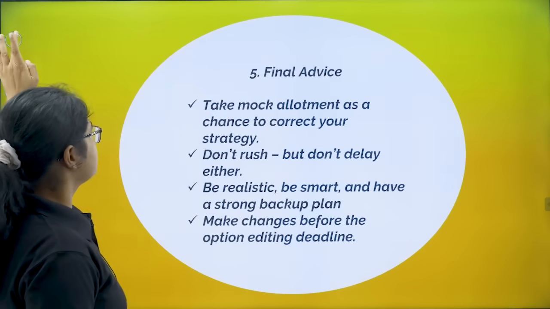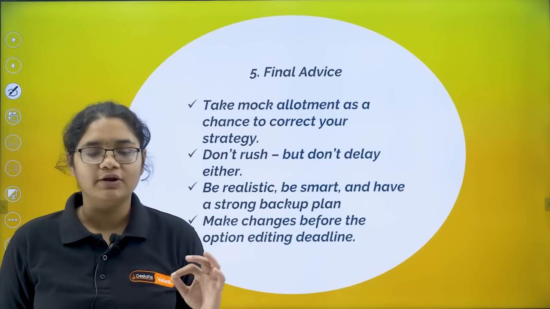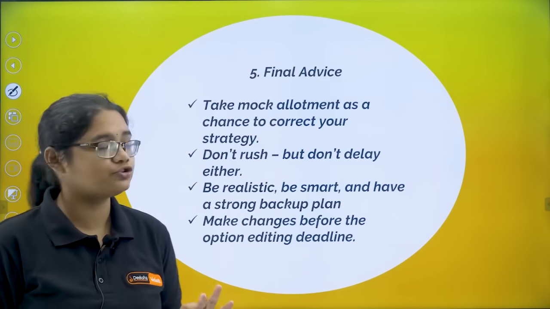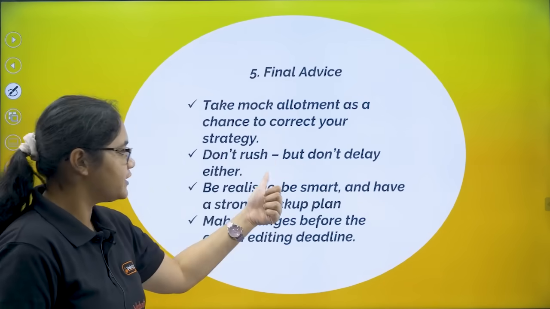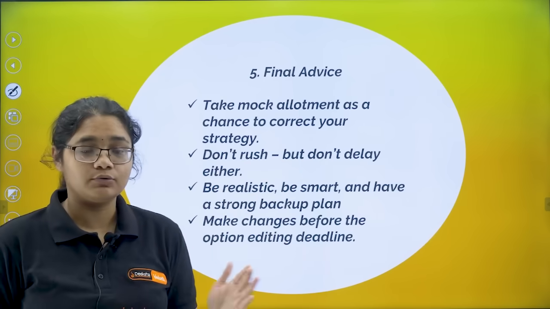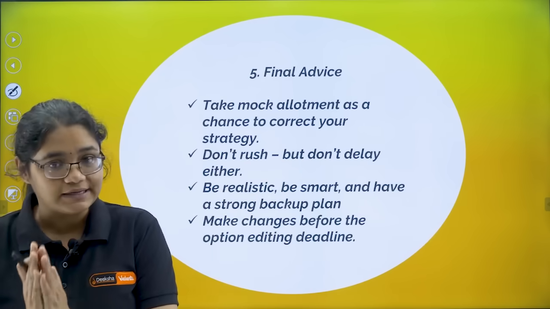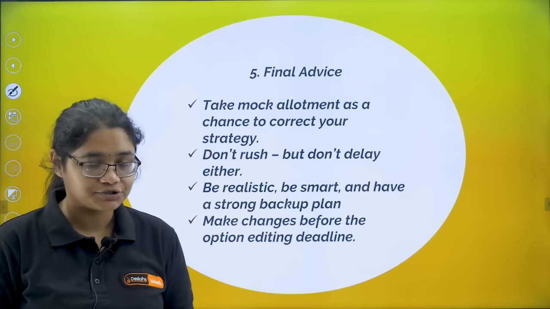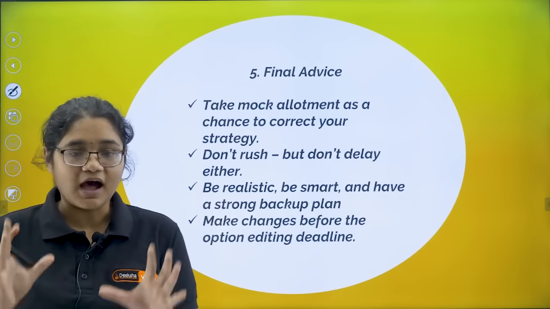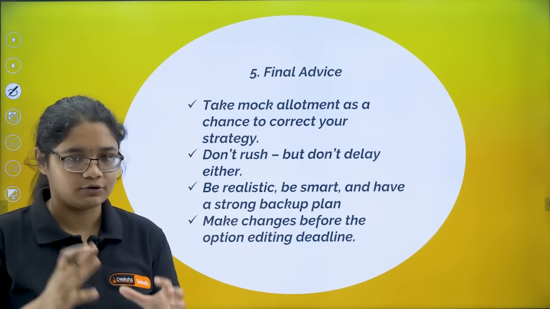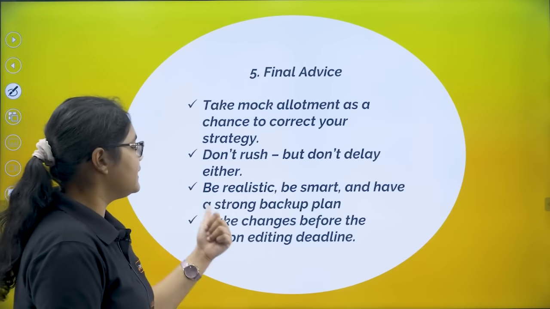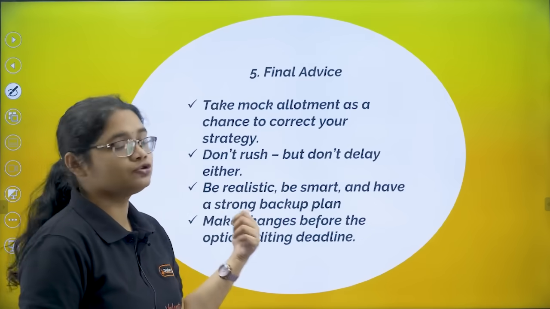Next, final advice: take mock allotment as a chance to improve your choice entry. Don't just rush, but don't delay either. The deadline is there, so please don't delay, but at the same time don't rush. Make a calm and focused decision, make your option entry in a proper way, be realistic, be smart, and have a strong backup plan.